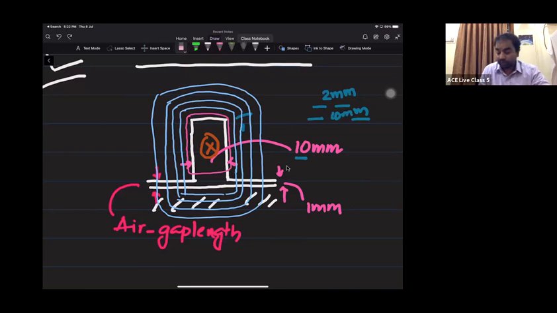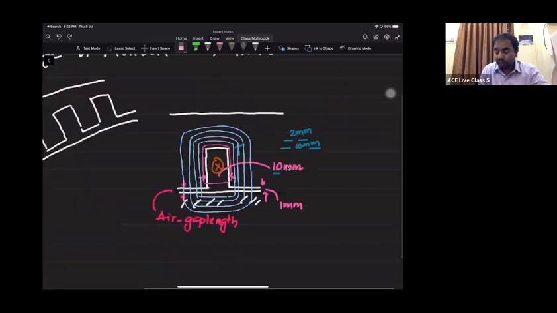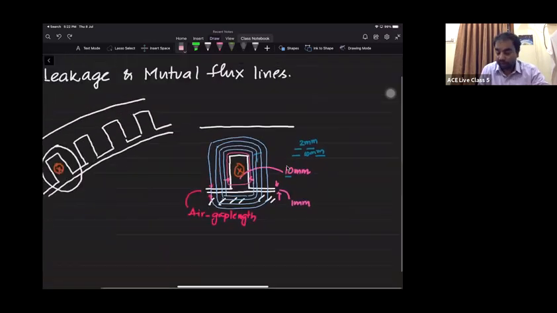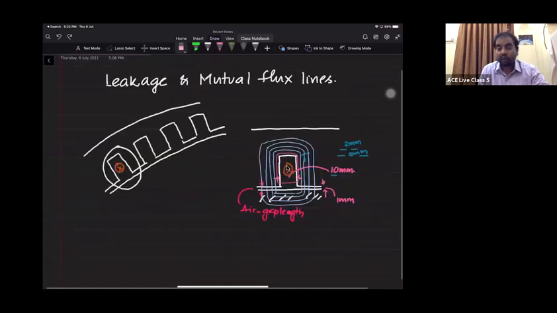Right, done. So now the magnetic flux lines which are linking with both stator and rotor core, we name it as mutual flux lines or we can name it as useful flux lines. Why? Because as this induction machine works on the mutual induction principle, the mutual flux is responsible for transferring of power.